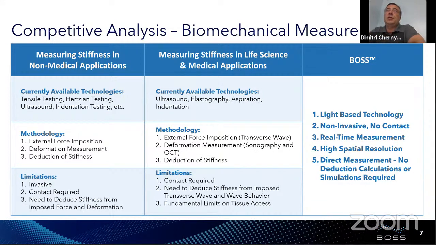Some of the other techniques, like air puff tonometry, require certain modeling to be in place in order to deduce the actual biomechanical properties from all the information that's being provided. Whereas with Brillouin spectroscopy, basically you get a spectral shift, which provides a one-to-one mapping into the elastic value that's measured in gigapascals.